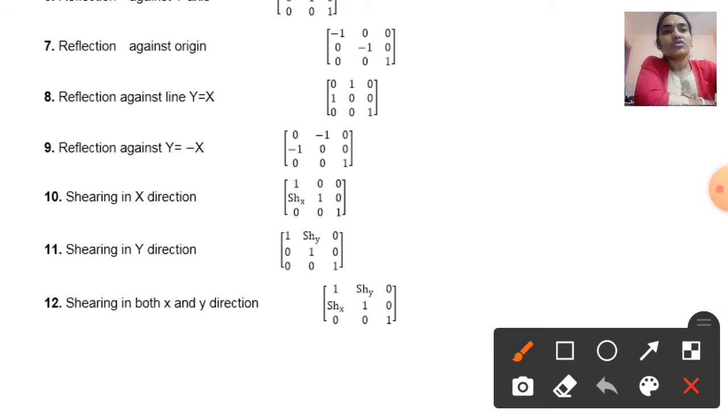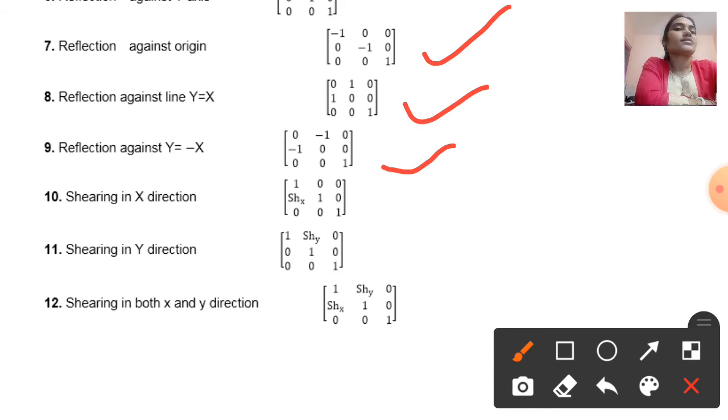So this one is reflection against the origin. And reflection against y equals x means all these things are positive and remain the same. Then reflection against y equals minus x means all these things are negative, y in negative value and x also in negative value. So these are the reflections.